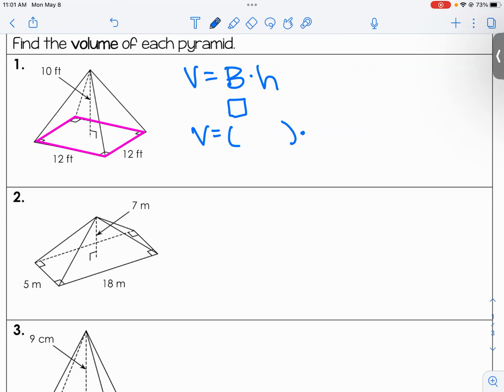Corin, how do we find the area of that base? Okay, so we have a rectangular, or in this case, a square base. So we're just gonna take 12 times 12. That's gonna be the area of our square.